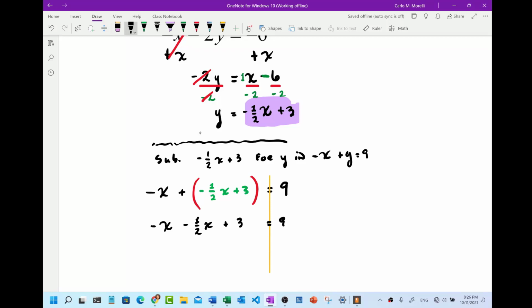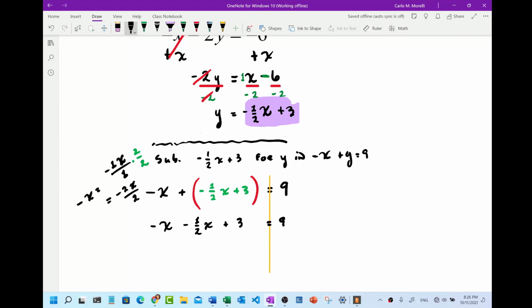Okay, so we can't combine these yet because we need to do a little side work and say that negative x is really equal to negative 1x over 1. And if I multiply that by 2 over 2, then I'll have a denominator of 2. That will equal negative 2x over 2.